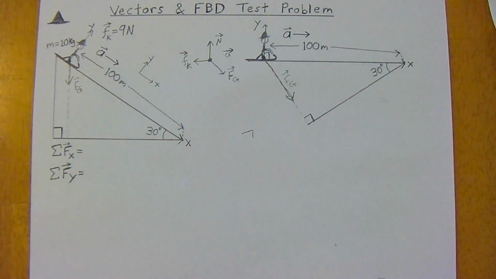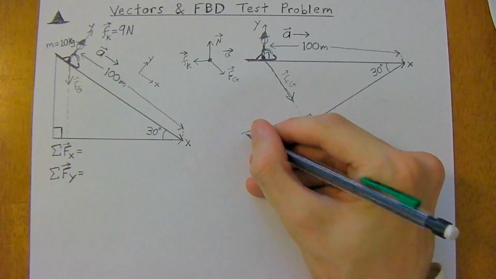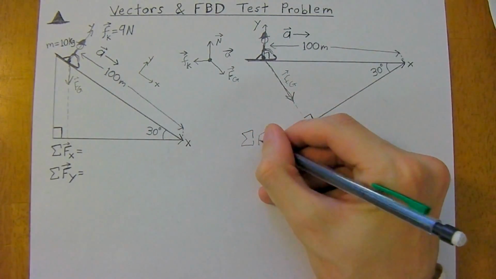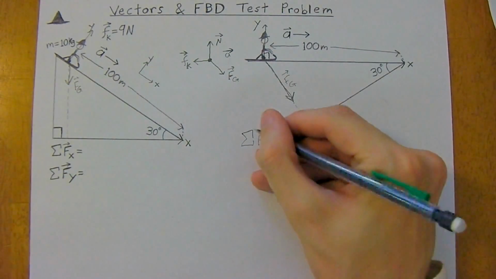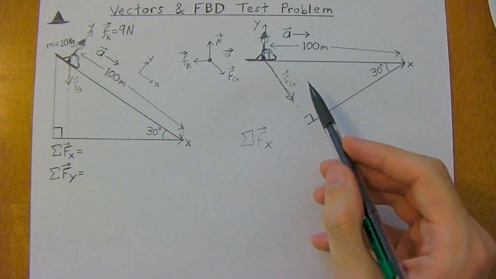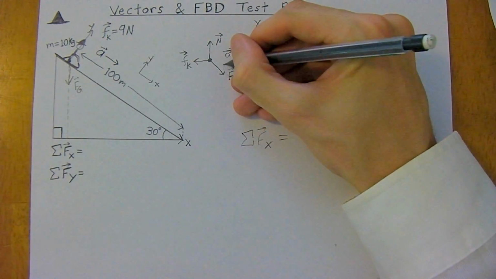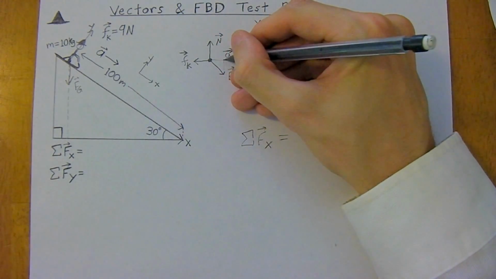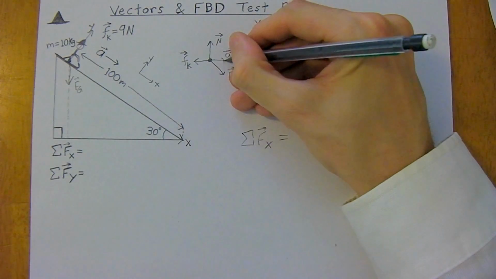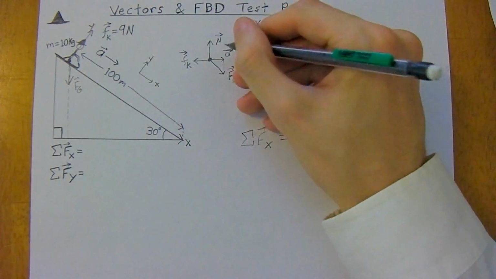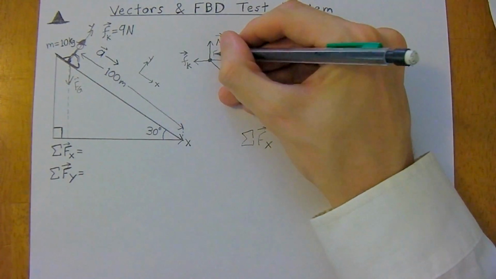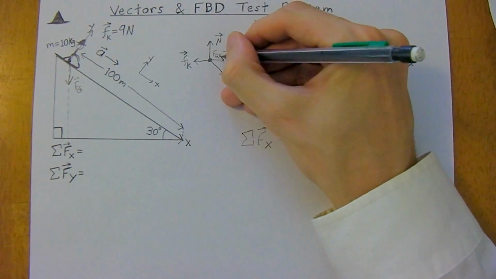Okay, so now we just do the exact same thing as the previous examples. We figure out the sum of the forces in the x direction along the x-axis. So we have a component of the force of gravity. It's going to be acting, so this component here, force of gravity in the x direction.